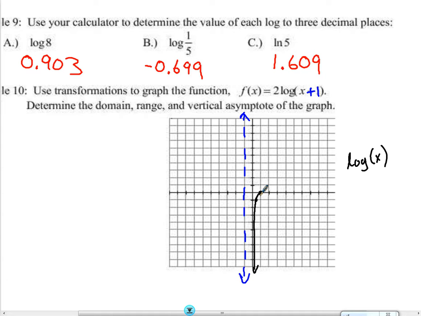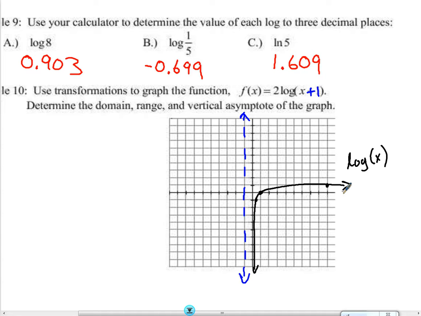Holy smokes. Pretty sure this is a 10 by 10 graph. No, it's not. Of course it's not. Because if it was a 10 by 10, that would make more sense.